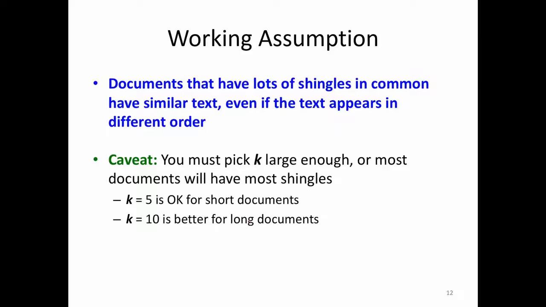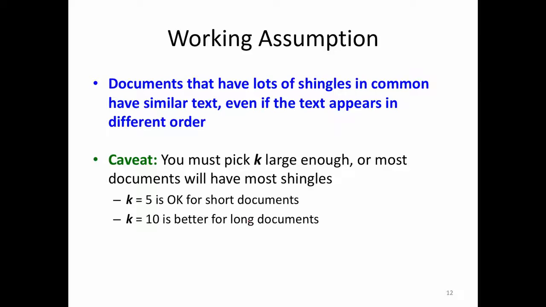So the question is, how do you pick k? The idea here is that you must pick k large enough so that there is some distinctiveness between the documents. Think about it the other way, suppose you pick just k equal to 1.